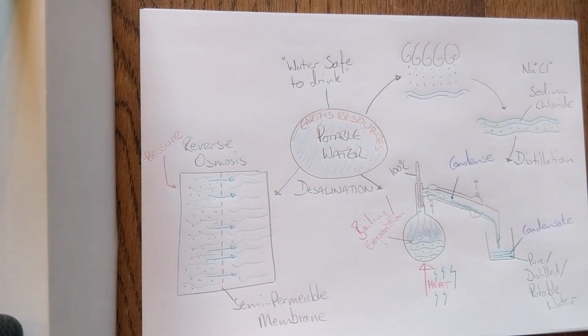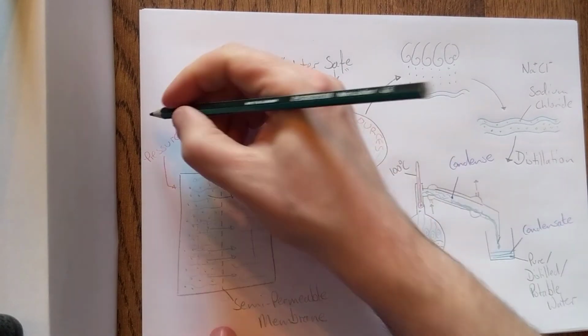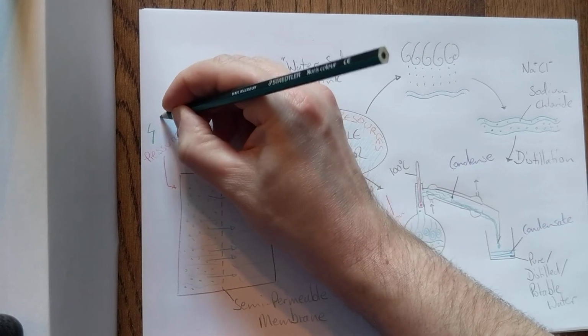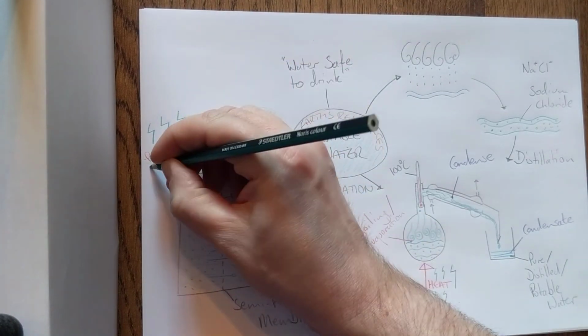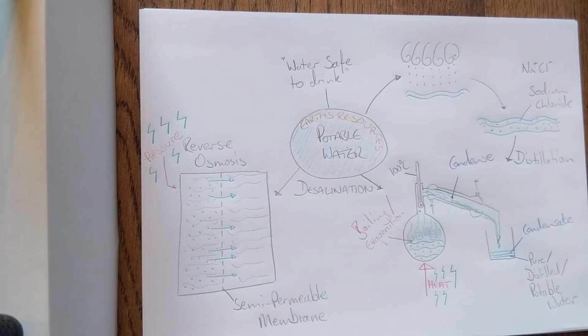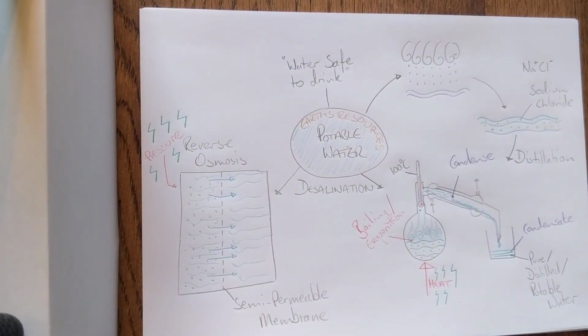So again, putting the pressure on takes quite a lot of energy. And as we've discussed, energy costs a lot of money, and it also leads to some fairly negative impacts to the environment.